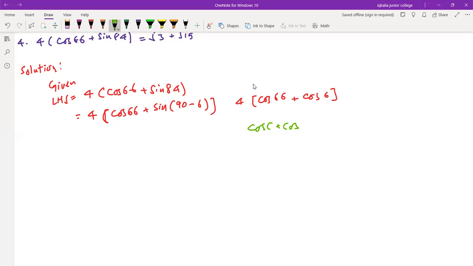Cos C plus cos D is nothing but 2 cos of C plus D by 2 into cos of C minus D by 2.